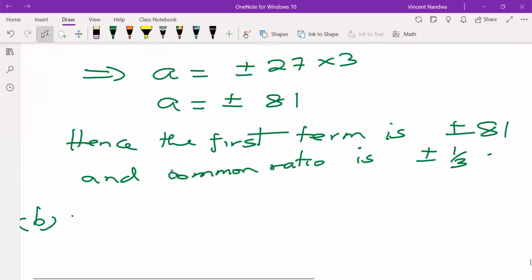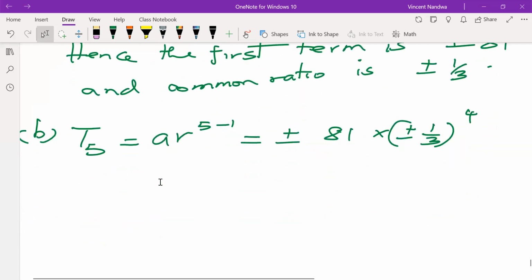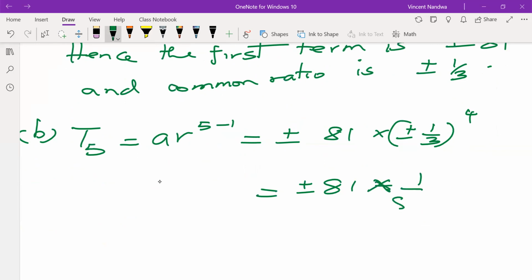Part B, the fifth term will be a r^(5-1). So it will be plus or minus 81 times plus or minus 1 over 3 raised to power 4, which is the same as plus or minus 81 times 1 over 81, and this will give us plus or minus 1.